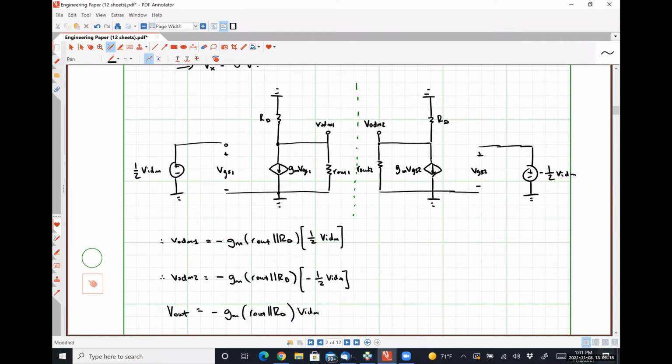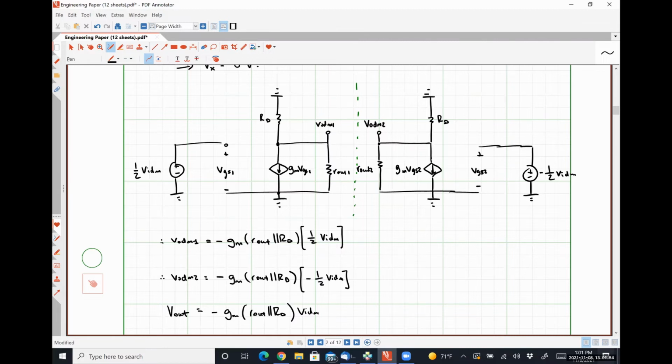One problem with this is that the gain is limited by our choice of RD, right? So for a MOSFET transistor, our output resistance, R out, is usually on the order of tens of kilo ohms, but the size of RD directly influences whether or not we can keep both of these transistors in the saturation region of operation, right?